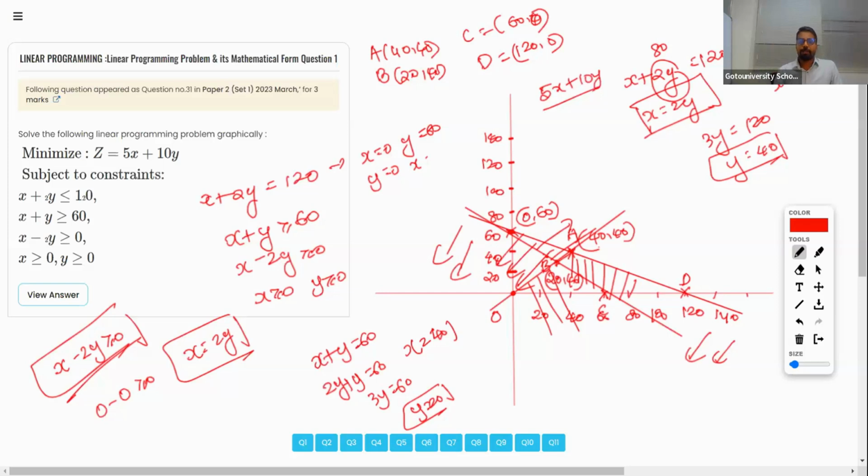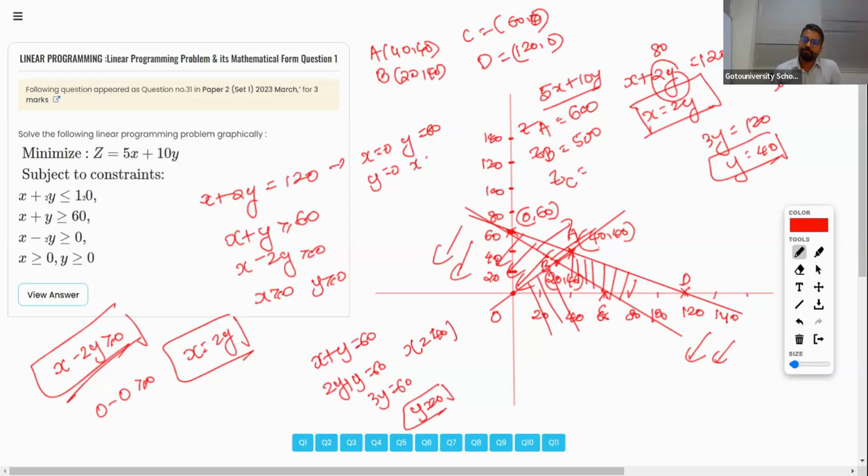Let's see. At A, the value of Z is 5 into 40, 200, plus 10 into 40, 400, which is 600. At B, which is at 20, 40, that is 5 into 20, 100, plus 10 into 40, 400, which is 500. At C, we have 60, 0.